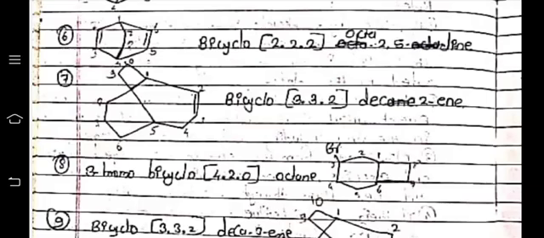One side there are carbon atoms in the ring between the bridge carbons 1 and 5: one side is 6, 7, 8, another side is 2, 3, 4, and another side is 9, 10. That means 3, 3, 2 is the number of carbon atoms in the ring systems. So bicyclo[3.3.2]decane is the system.